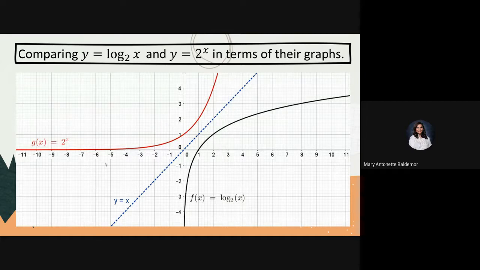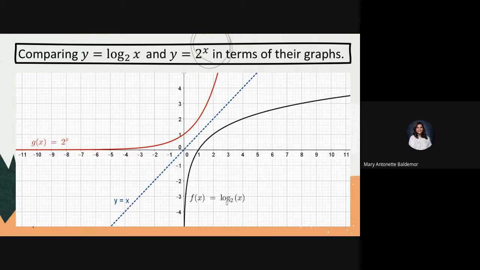As you can see, they are symmetrical with respect to y equals x. The red graph describes the graph of g of x equals 2 raised to x, and the black graph describes the graph of f of x equals the logarithm of x with base 2.